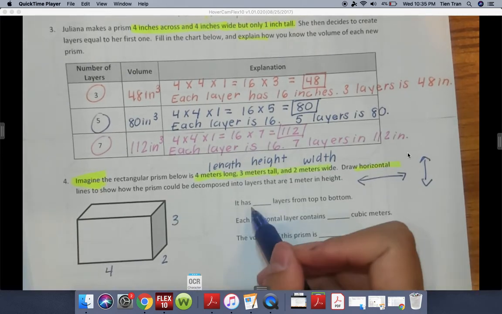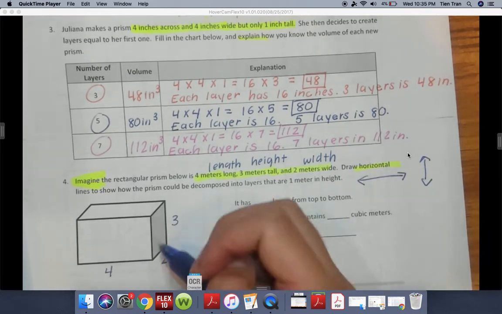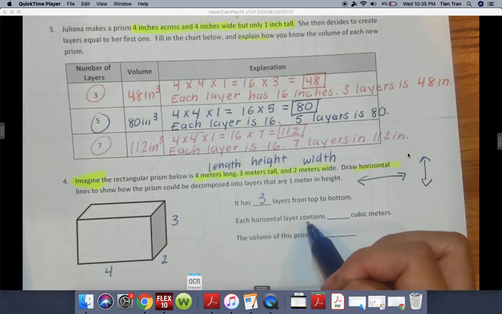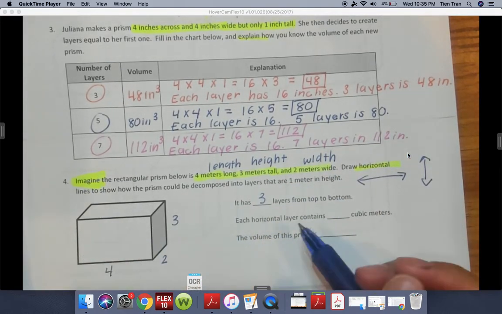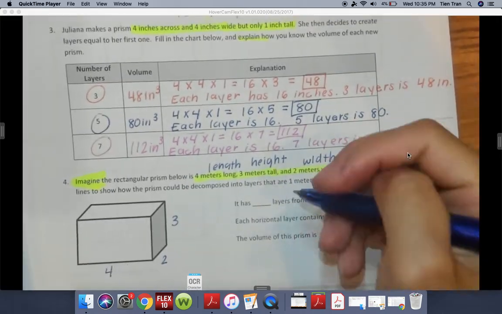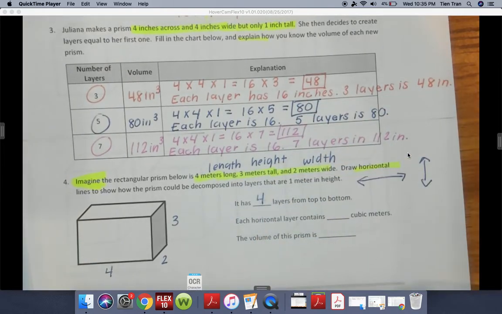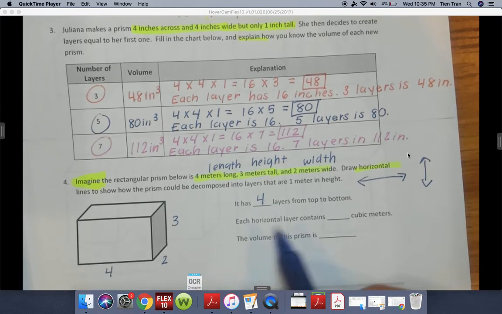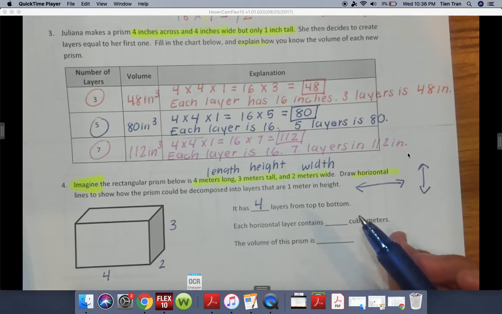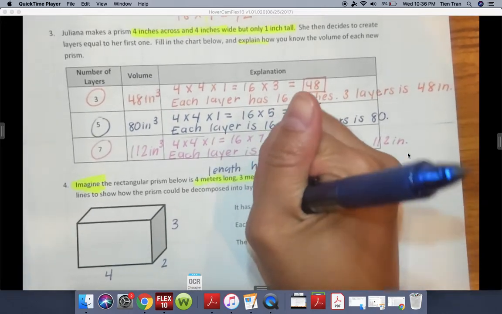So it has blank meters from top to bottom. It has 3 meters from top to bottom. You see that? Each horizontal layer contains how many? Oh, why did I say 3? No, my bad. It has blank layers from top to bottom.